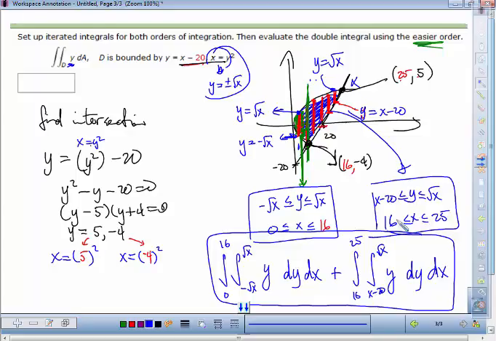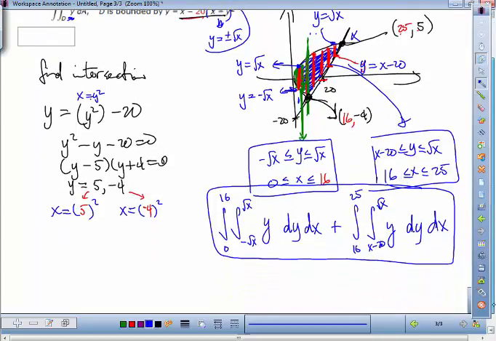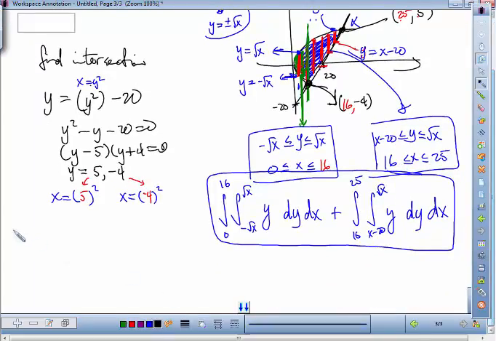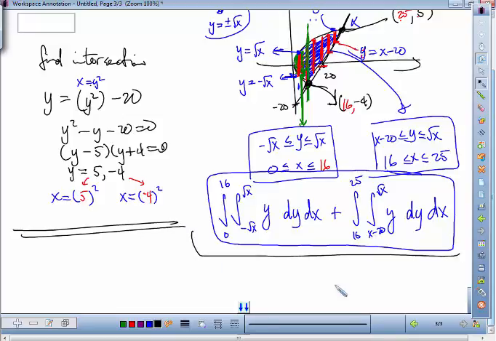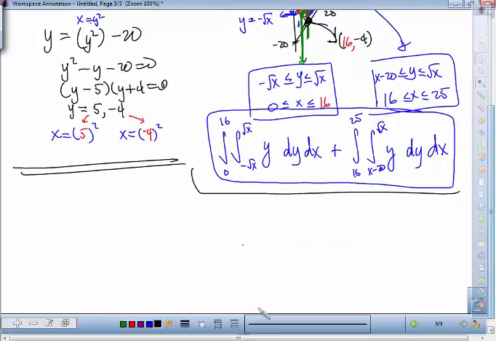So let's try it a different way. I need to redraw this.